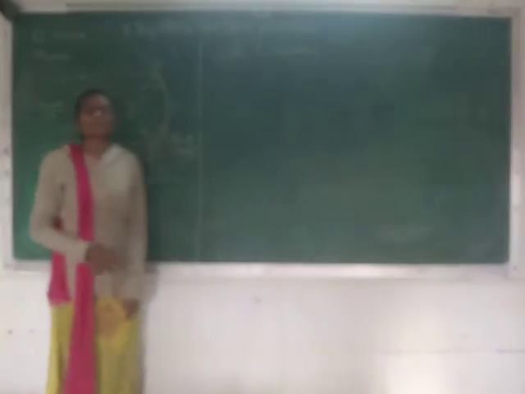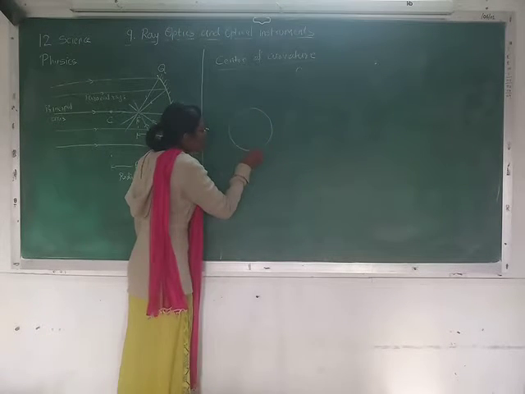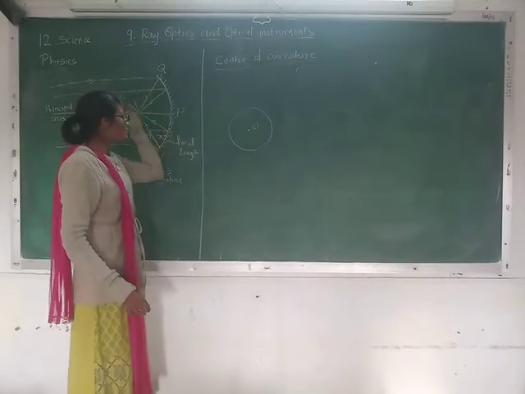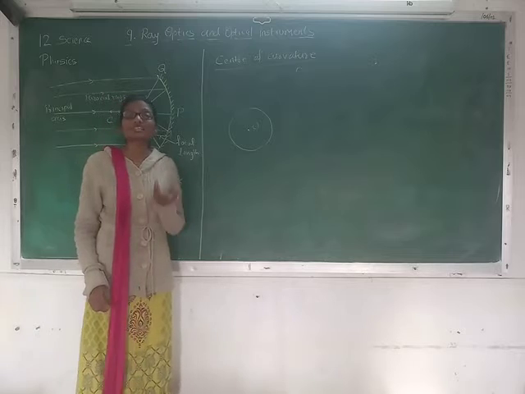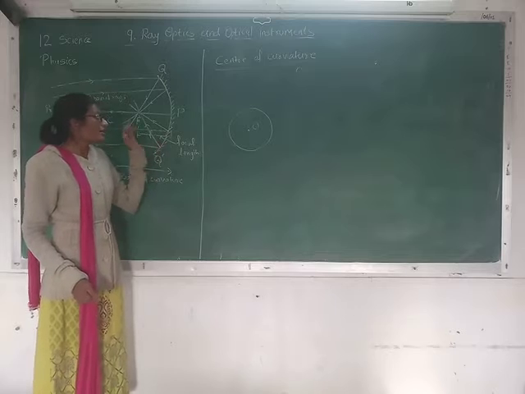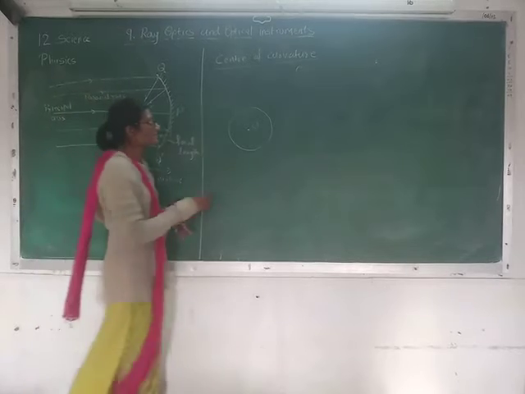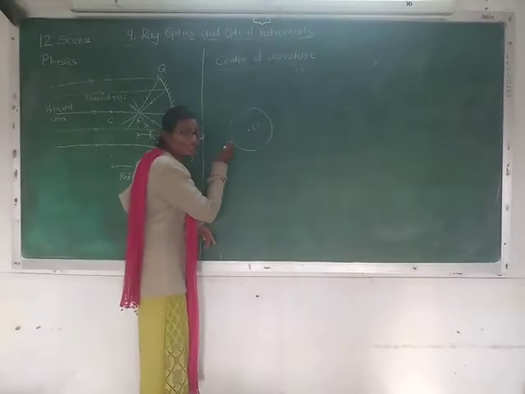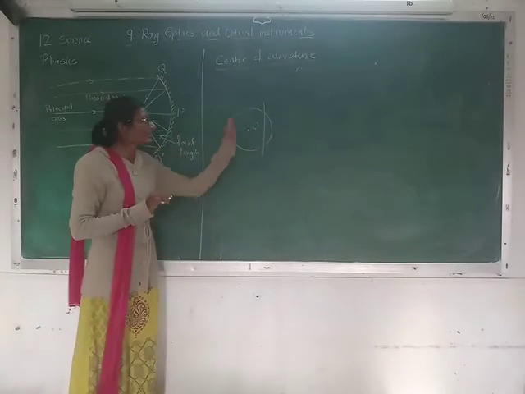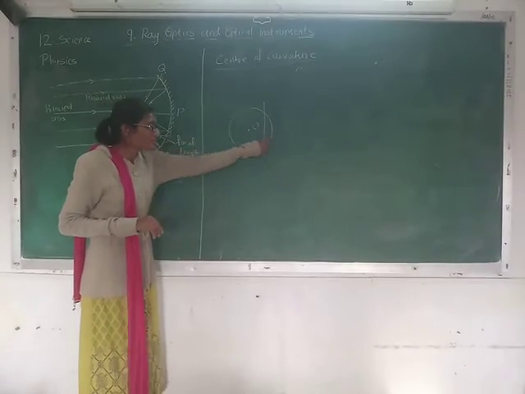Now see, generally we know that if we take a circle, then we define the center by O, right? But here we do not have a circle or a sphere, we just have the concave mirror. This concave mirror is actually made from a spherical shell. So consider this as the spherical shell, and from it we take a part, and this part is made into the mirror.